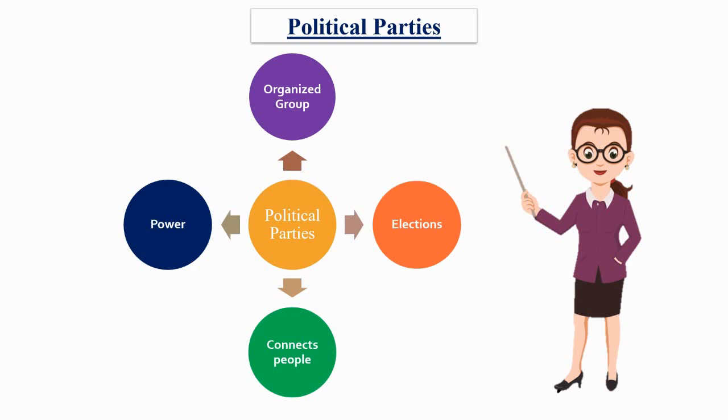Political parties link common people to the government, where elections are held and people choose their own representative to come into power. A political party is basically an organized group of people who have an objective of gaining political power, and thus they participate in the electoral process, also known as elections. Such an organization is called a political party.